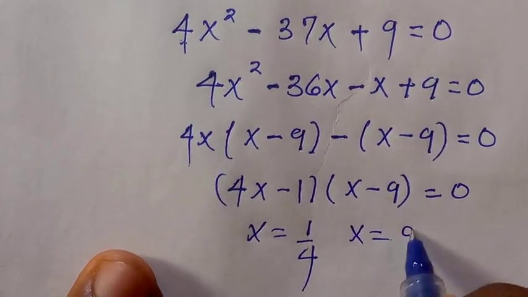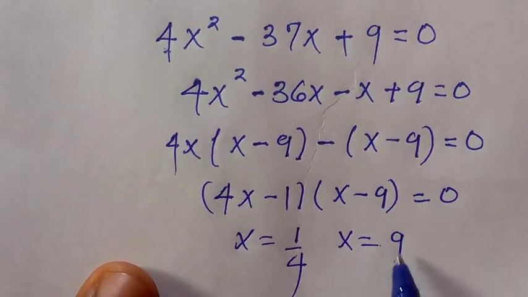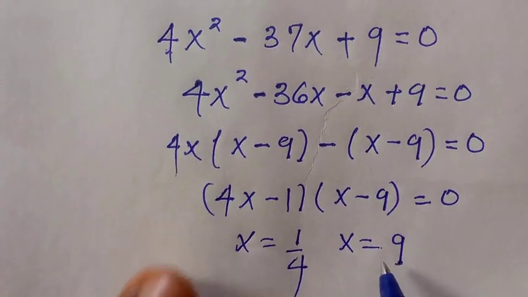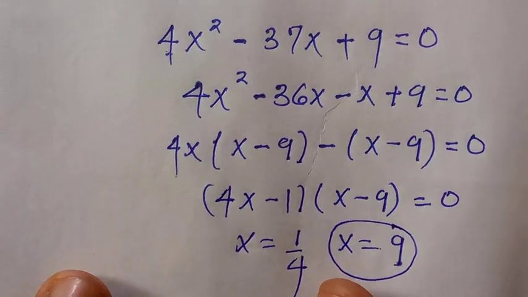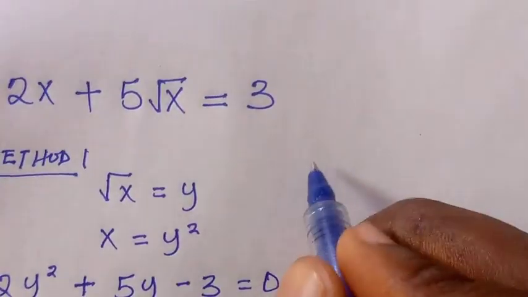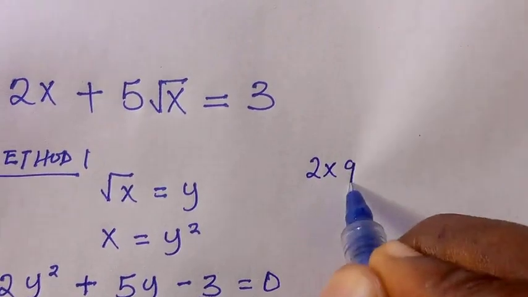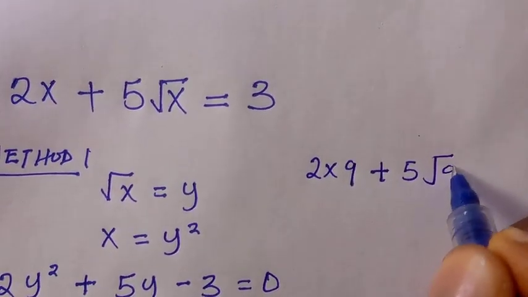x equals 9. But looking at this, it's different from what we have above. We have x which is positive here. But how are we going to know that this 9 does not satisfy the equation? Here is how we are going to do it. We check. When x equals 9, we substitute it in: 2 multiplied by 9 plus 5 root 9.